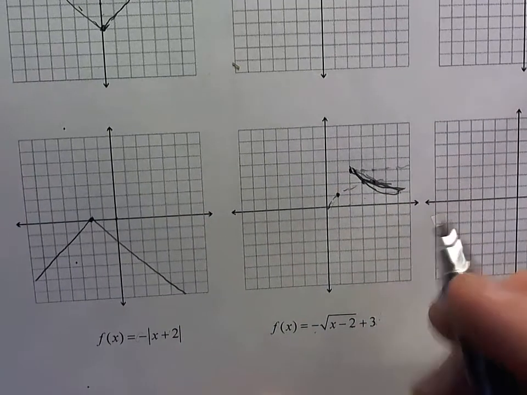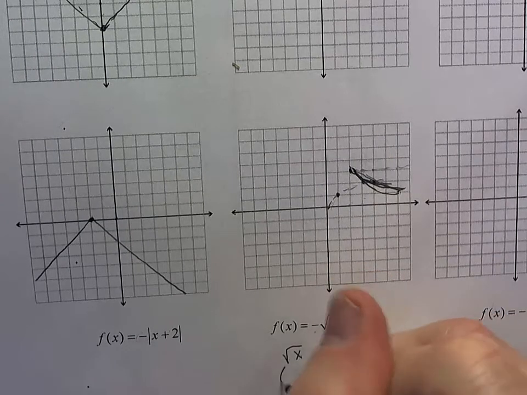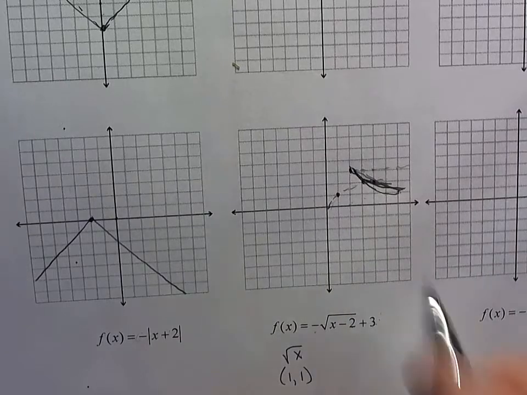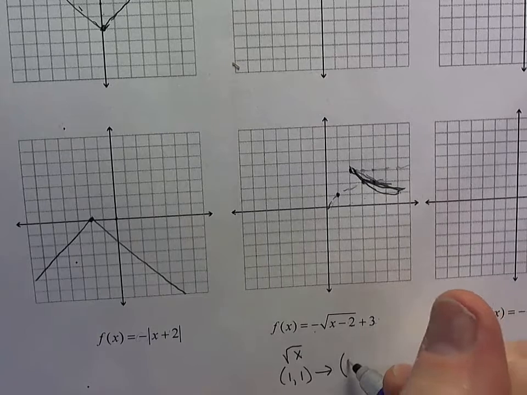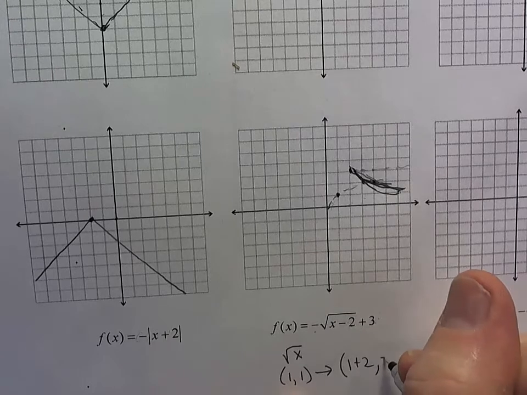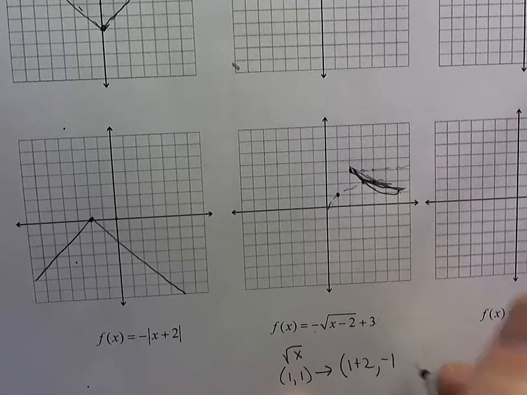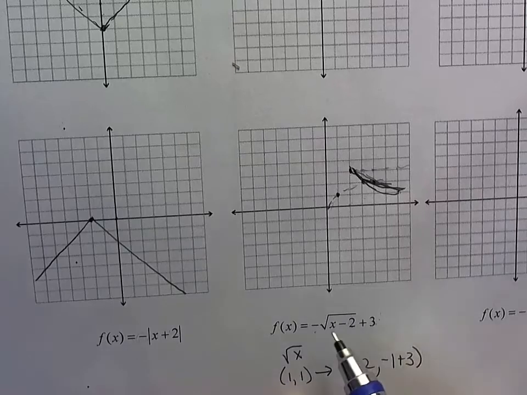So what happens to a point on here? For example, the square root of x has the point 1, 1. Now what's happening to that point? Well, you're going to add 2 to the x. Well, what's happening to the y? You're multiplying it by -1, so you get -1, and then you're adding 3. You multiply by -1, and then you add 3.